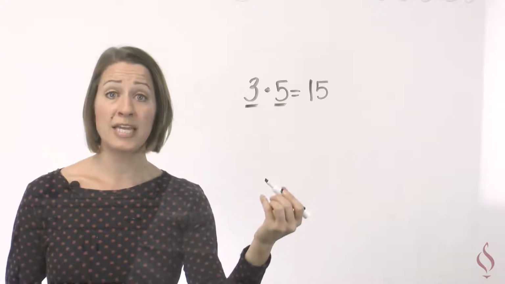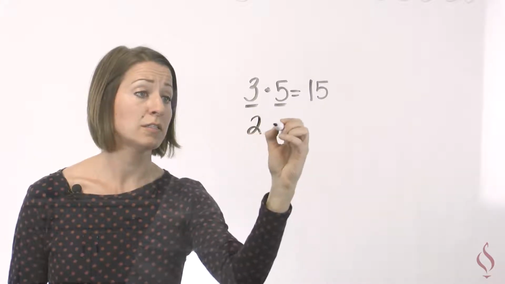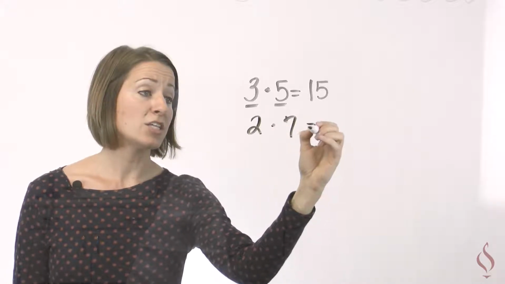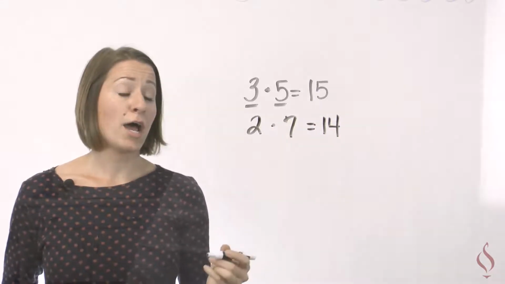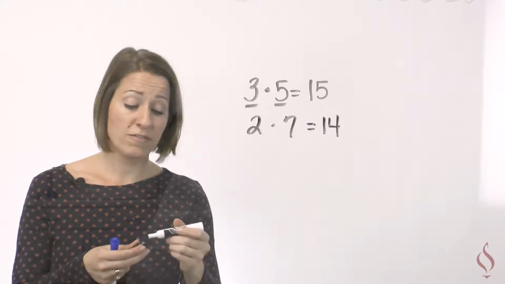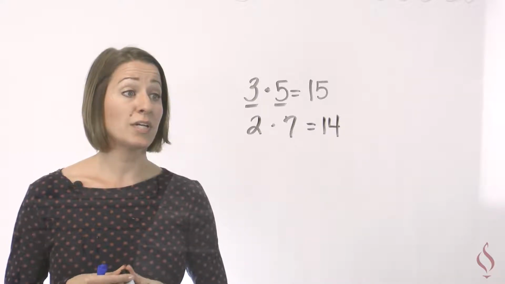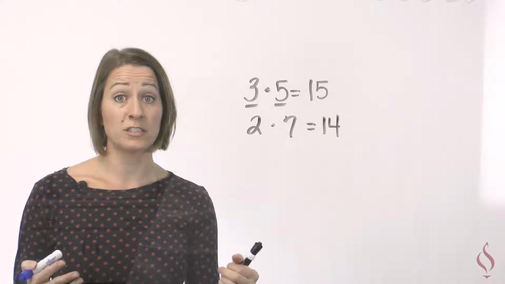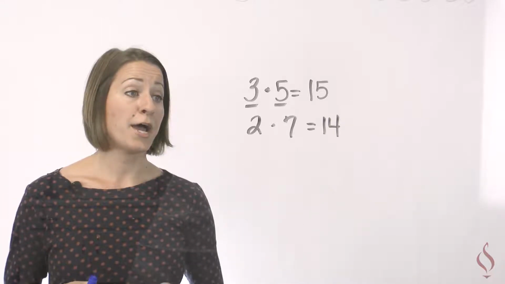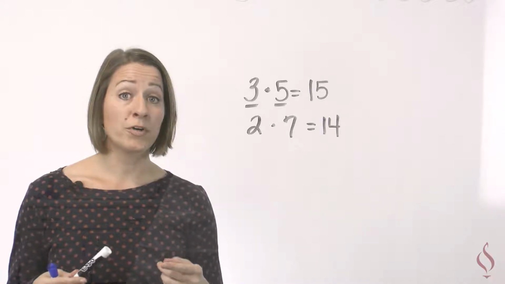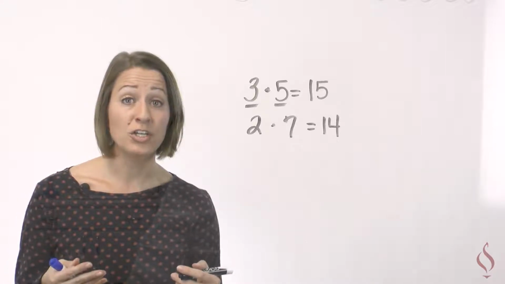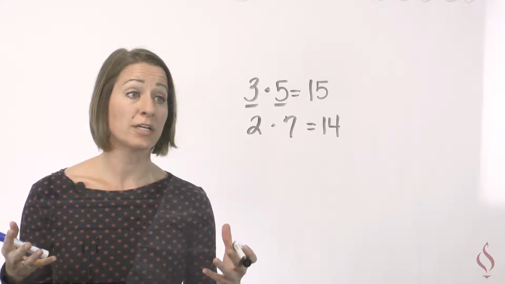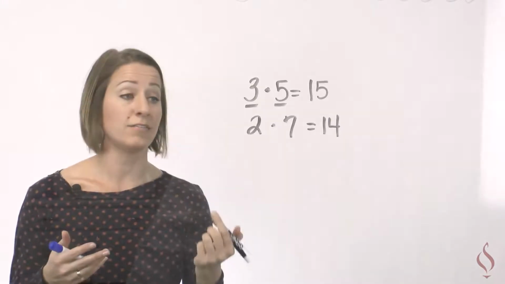Okay, and again, we can do 2 times 7, and the 2 and the 7 are also factors. So any number could be a factor of any bigger number. However, there's one number that's a factor for every number in the world, positive and negative.